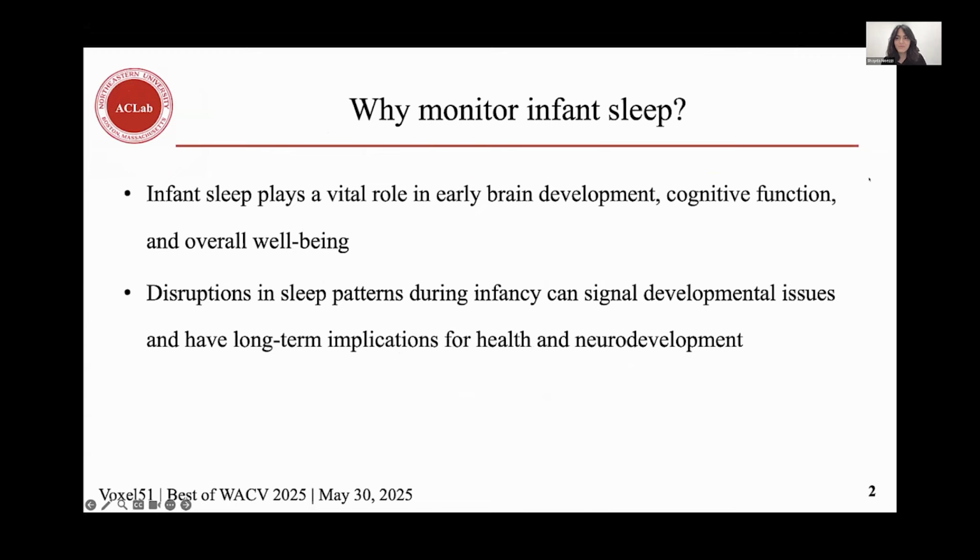All right, so we can start by asking ourselves, why should we monitor infant sleep? Why is it important? Well, infant sleep plays a vital role in early brain development, cognitive function, and overall well-being of infants. Understanding and learning disruptions in their sleep patterns during infancy can signal developmental issues and have long-term implications for their health and neurodevelopment.